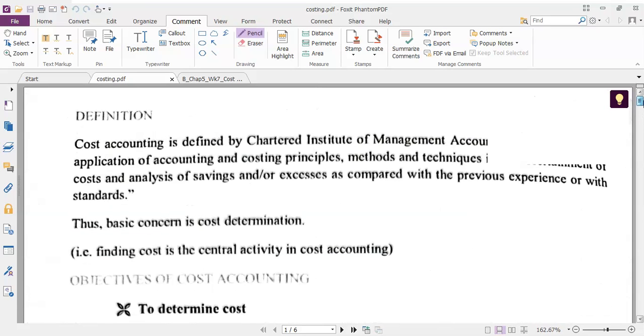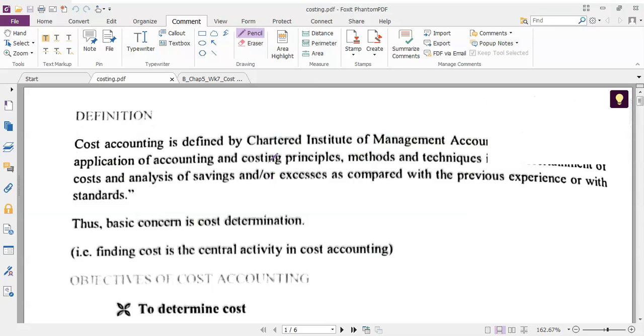So look here, what is the definition of cost accounting itself? The application of accounting and costing principles, method and technique in the ascertainment of costs and analysis of savings, as compared with the previous experience or with standards.